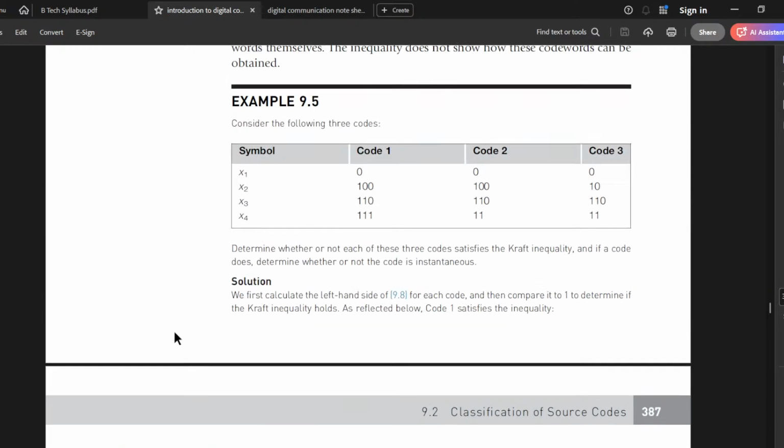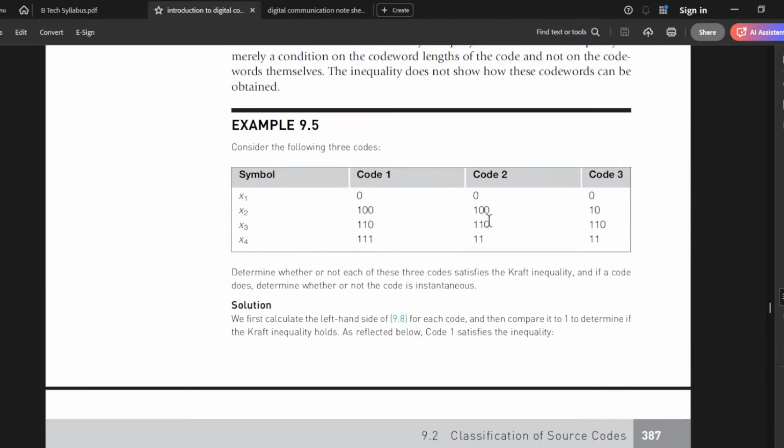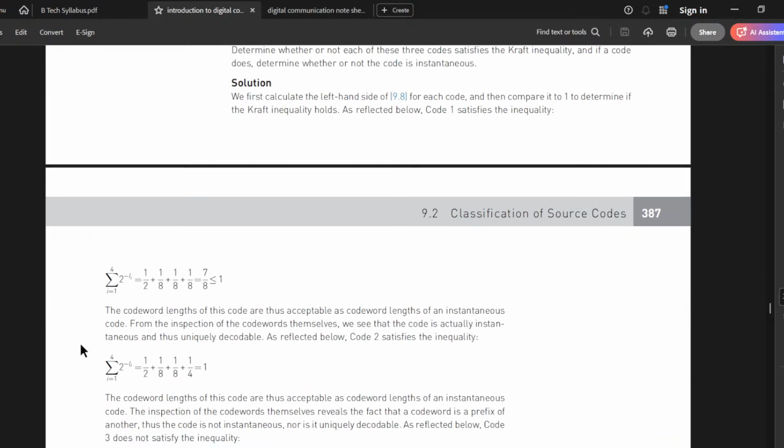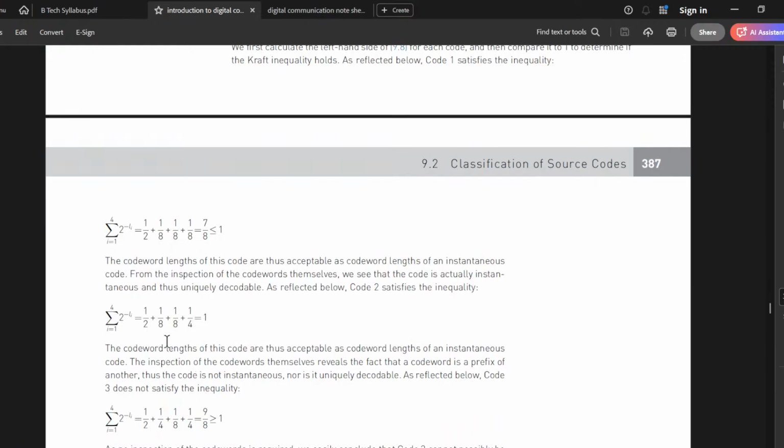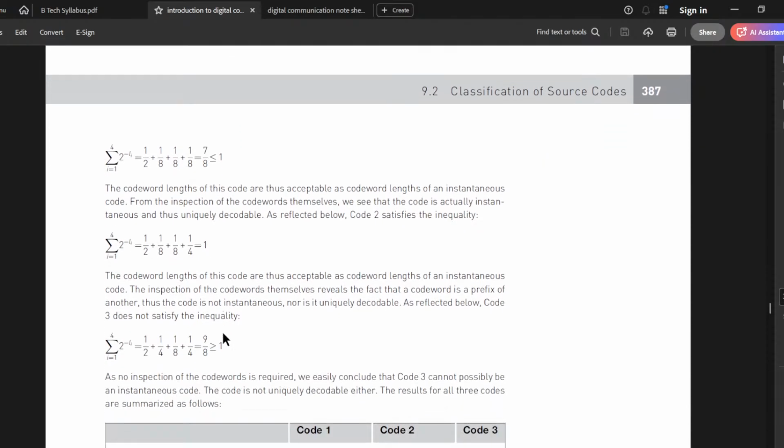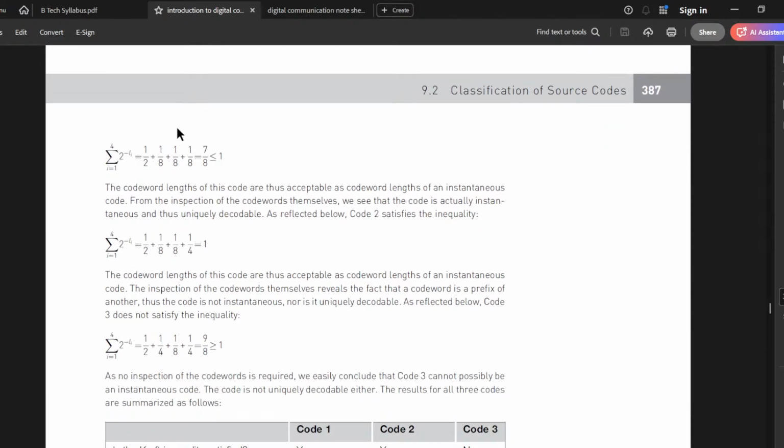In the next code, the lengths are 1, 2, 3, 3. So 2 to the power of minus 1, minus 2, minus 3, minus 3. It will become 4 plus 2 plus 1 plus 1, so 8 upon 8, which is 1. The code word lengths of this code are thus acceptable.